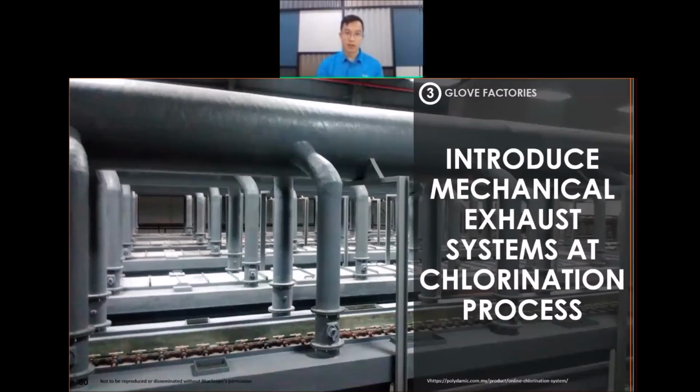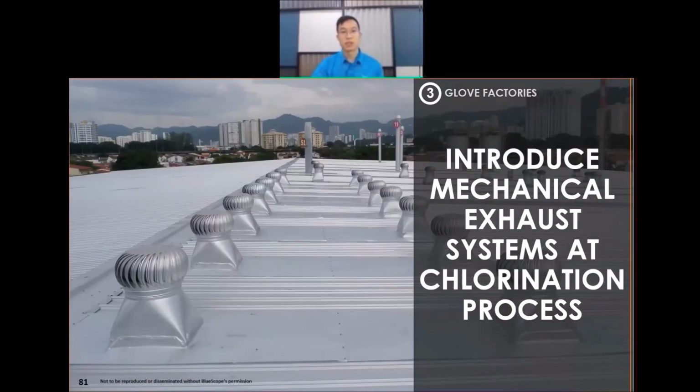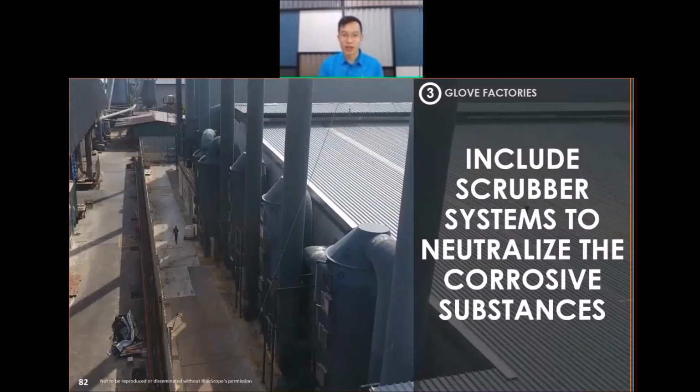Of course, if the suction is escaped to the external environment, it will also affect the long-term durability for not just your building but nearby your building. So perhaps there is also existing solution where you can vent it out to scrubbing systems where it will neutralize all these corrosive substances.